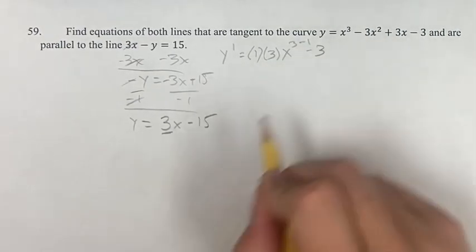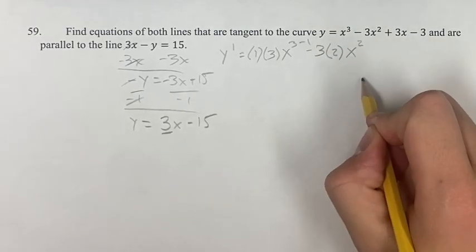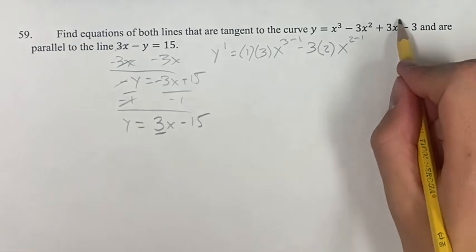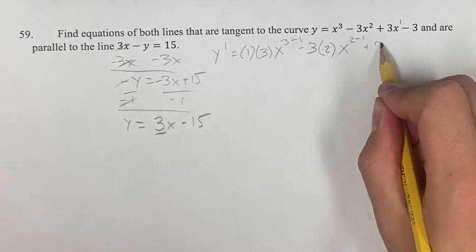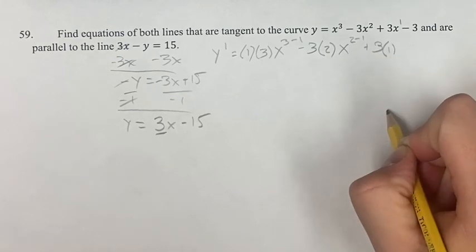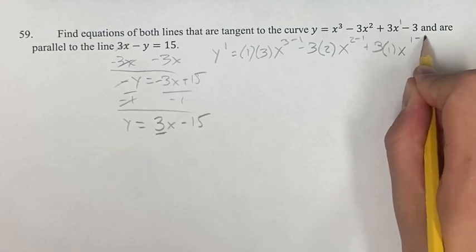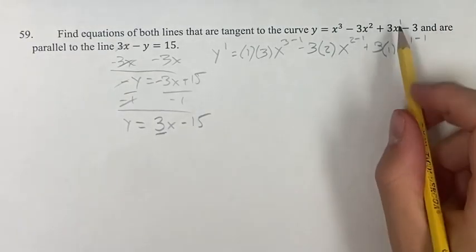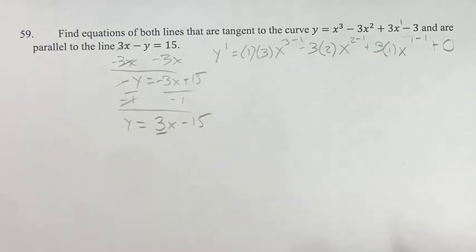Next, our coefficient is negative 3, so you multiply that by the exponent, with our new exponent being the old one minus 1. This is also a power function, just with x to the first power. So we have plus 3 as our coefficient times 1, because we're multiplying it by the exponent, with our new exponent being the old one minus 1. The derivative of a constant is just 0, so we just have a plus 0 on the end here.